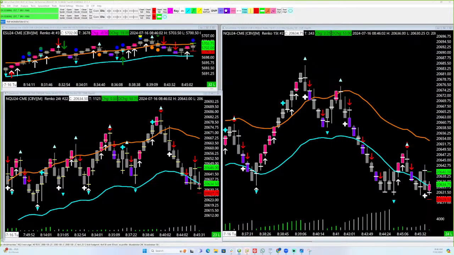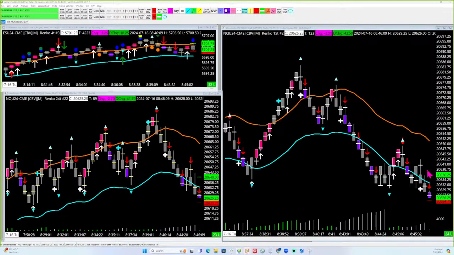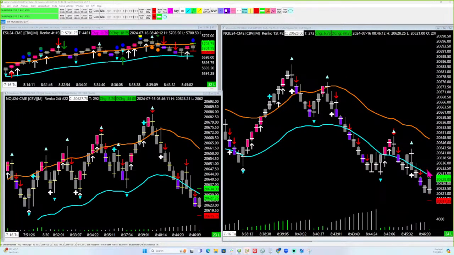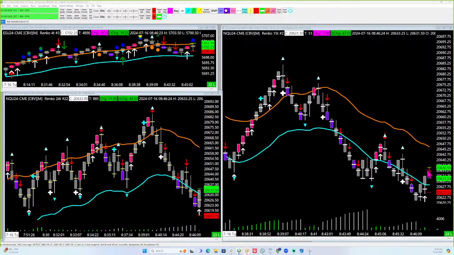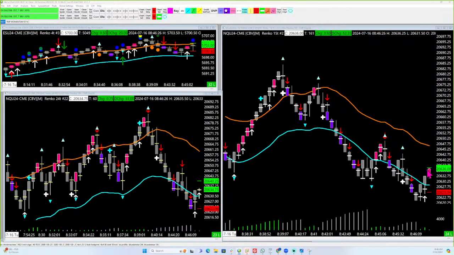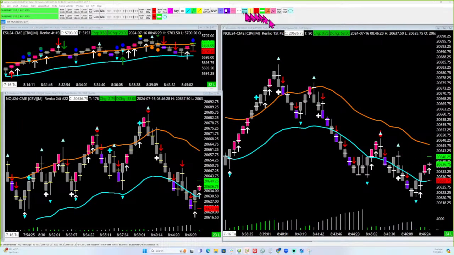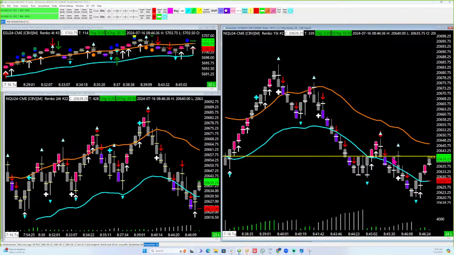Plus sign, so I'm prepped for a potential reversal with a 15-point stop. Plus sign down. Now if I get the point of control over, I have a chance for a squeeze up. It's a 15-point stop.